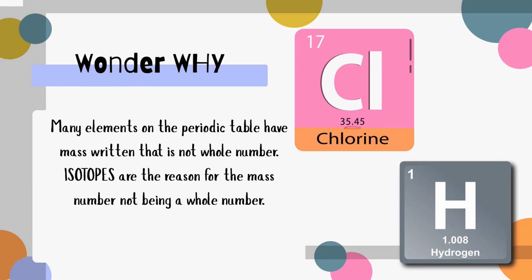For hydrogen, the mass is 1.008. Mass number is nothing but the number of neutrons plus the number of protons. Neutrons are whole numbers and protons are also whole numbers. Then why is the mass coming out to be in decimals? So isotopes are the reason for the same.